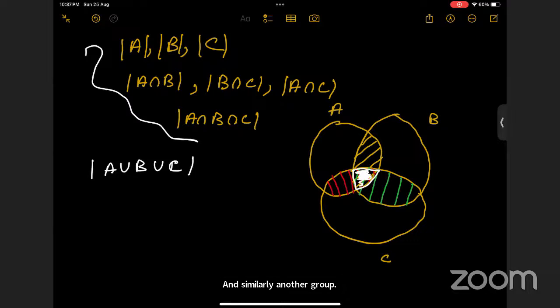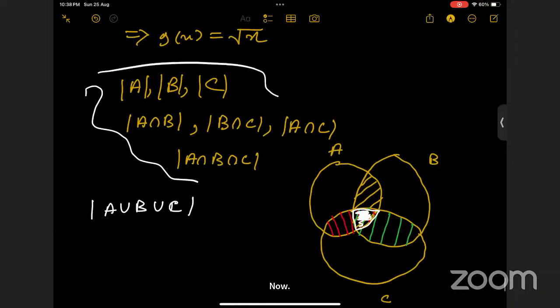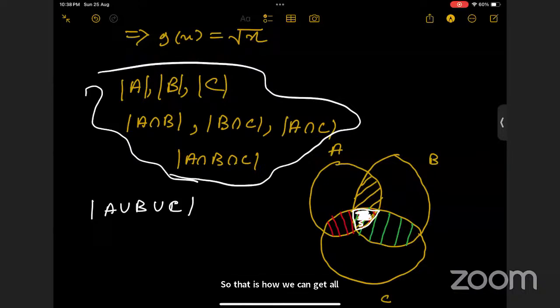Okay, so the students who are proficient in both Python and Java will be in the intersection of these two sets. Similarly for Java and C, and Python and C. And the students who are proficient in all three programming languages will be in the intersection of all the three sets. Now, that is how we can get all the cardinalities here. Then you can use the set equation formula simply.